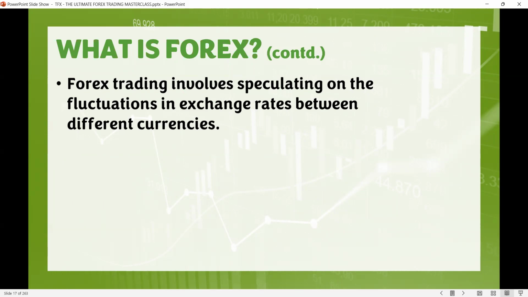So you can speculate that the value of a particular currency is going to rise. Because you expect it to rise, you buy enough quantity of that currency now. By the time you see that the value has increased, you sell it, and then you make your profit within a day or within 2 days. You get what I mean, right?